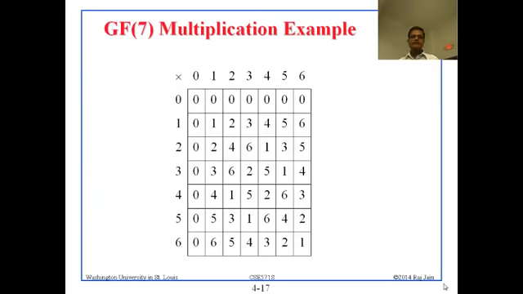So here is GF7. 7 is a prime number, and multiplication is defined exactly as you would think. All right, multiplying by 0 produces 0, multiplying by 1 produces the same number, and so on. So this is basically mod 7 arithmetic right here.